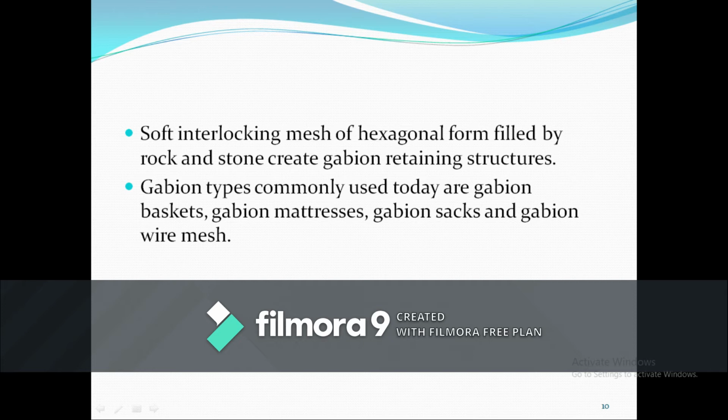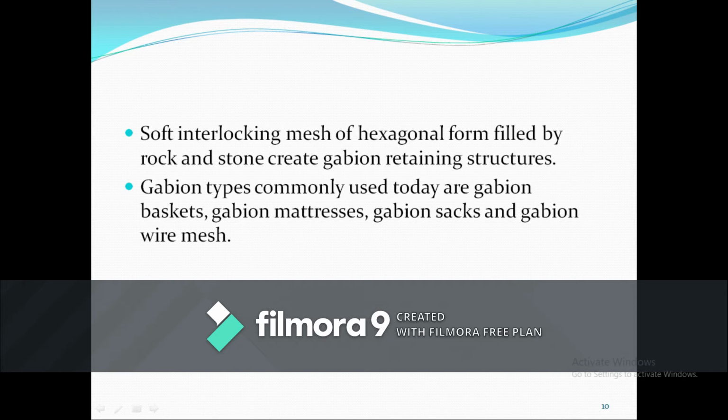That interlocking mesh is filled with some rock element or stone element, and these are in the form of boxes. Here, when you are using it for gabion retaining structures, we are using it in the form of a mesh, in the form of boxes.